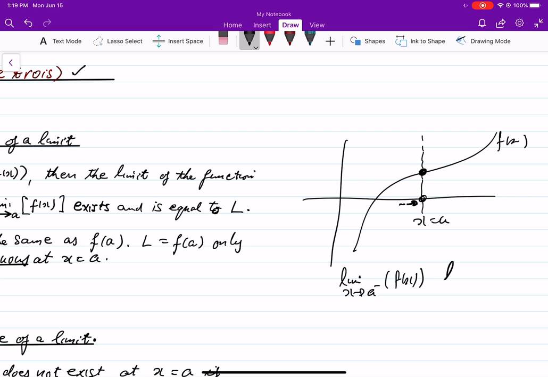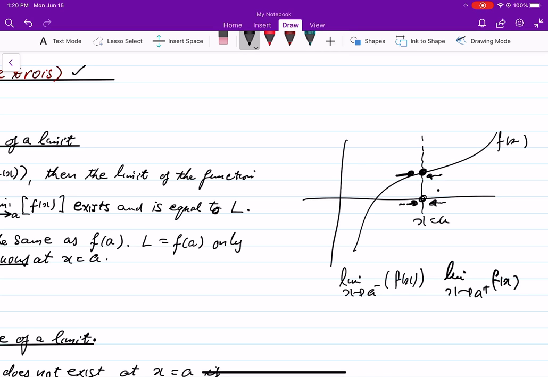The limit as x approaches a plus of f of x, that means you find the limit as x is approaching a, but from the right of a, from the right side of a. You're coming towards a, but from the right of a. And again, in my specific example, you can clearly see that the function is also approaching, as x is approaching a from the right, that same y value right there from both sides.